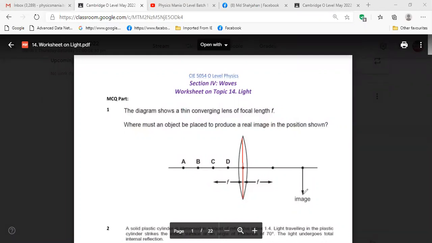Okay, look how we are drawing. Your first ray should go straight through the optical center. Look, from the image head, it will continue.